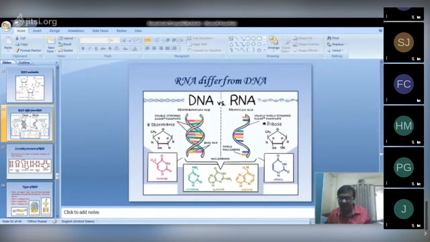As I told you, in the DNA several protein molecules should bind and several activities should be done, and that cannot happen with the Z form of DNA. It is a discovered and established structure that can be present in nature, but unfortunately till now it is not discovered that any living system has this kind of DNA. This can be synthesized in vitro.